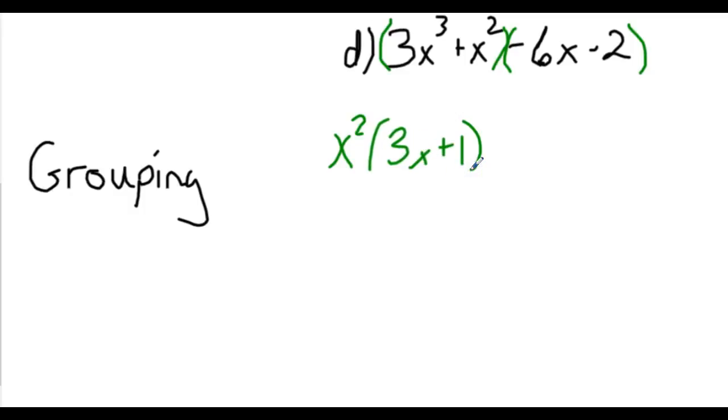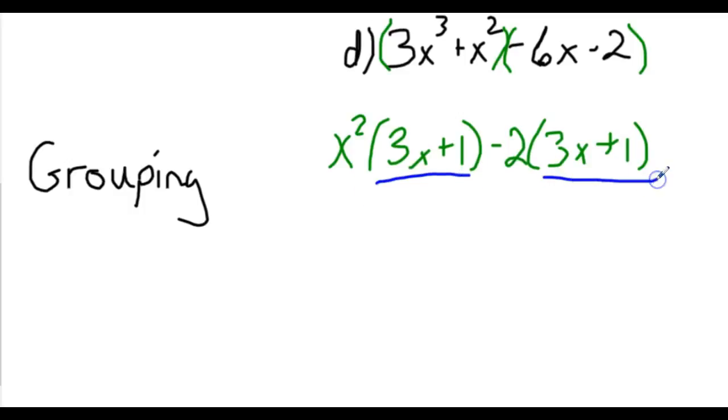Now we're going to do the same thing in the last 2 terms. Negative 6x minus 2, what do those have in common? They have a factor of negative 2 in common. So if we take that out, we're left with 3x plus 1. If you're starting to remember this pattern from last year, one way we can check, those 2 terms need to be the same value, 3x plus 1.